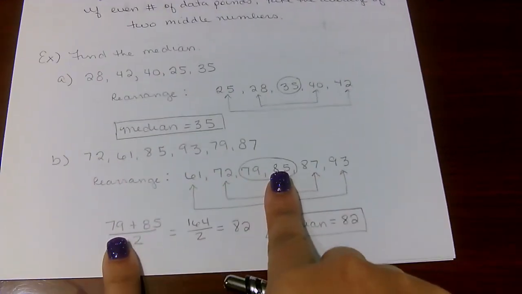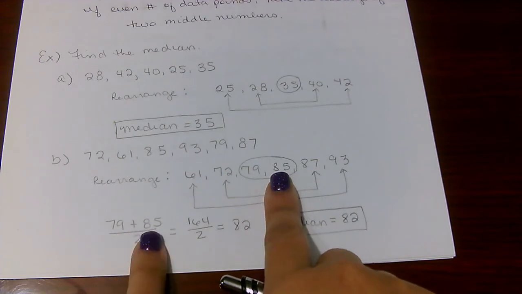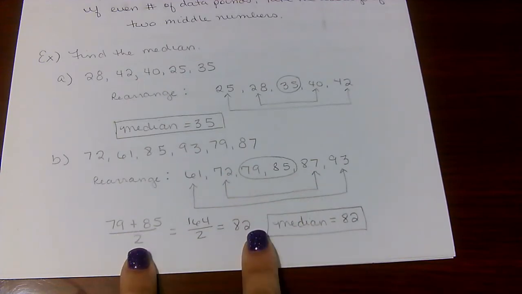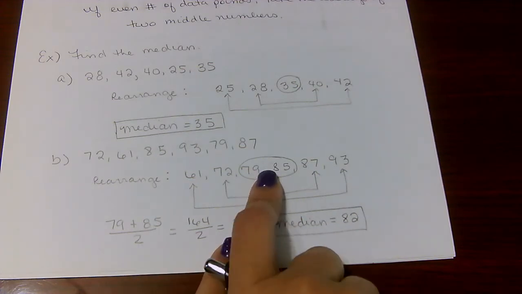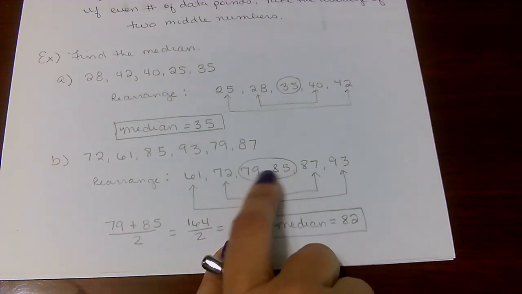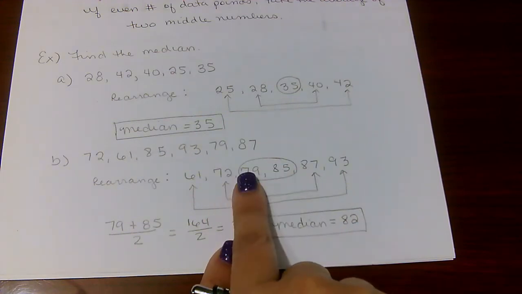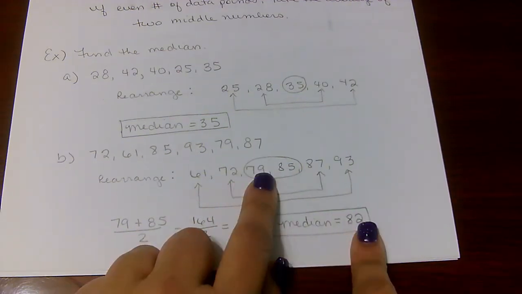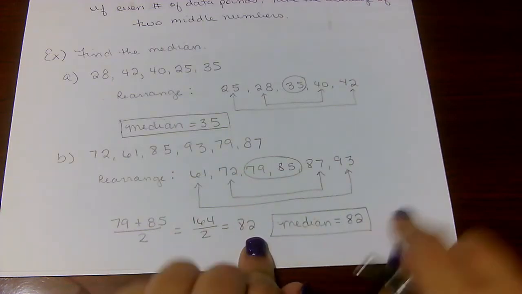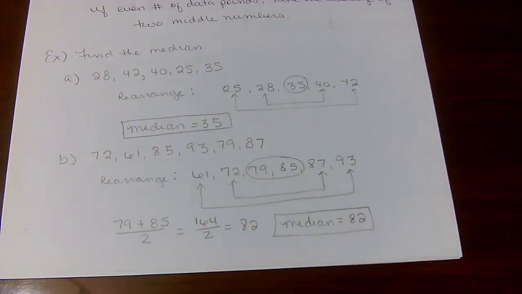Go ahead and take the average. So you add those 2 up together and then divide by 2. Here, our average is going to be 82. Now, notice it is a value in between these two numbers. So if you get a value that is greater than 85 or less than 79, that value is going to be wrong. You did something wrong somewhere. I would suggest going ahead and recalculating.